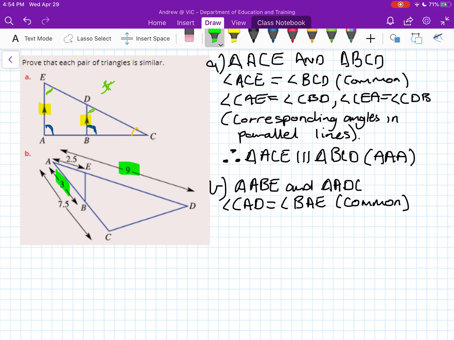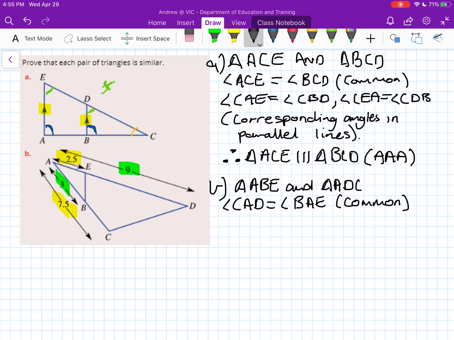Then we have our second longest, which is this 7.5, this bigger one, and our second longest of this one is 2.5. So this is how you can break down which side belongs to which, if they are similar.